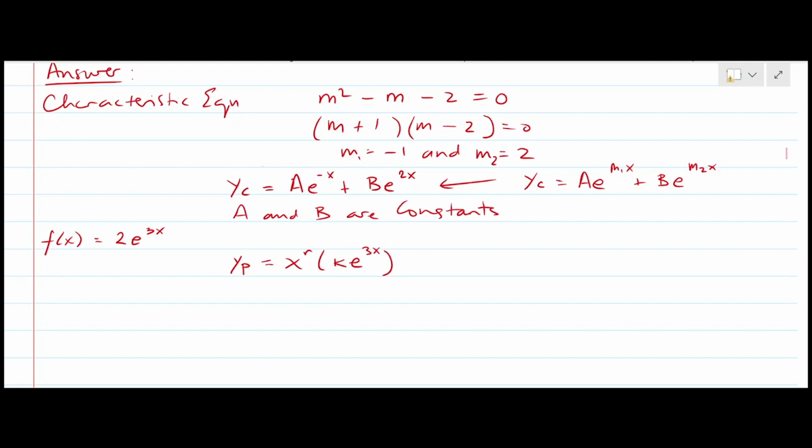Now we have to find the minimum r value that fits the condition.